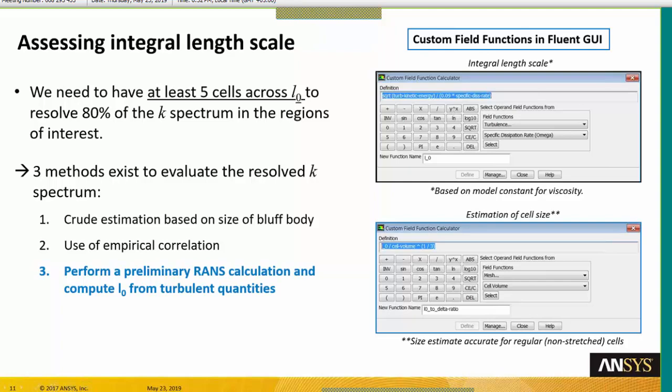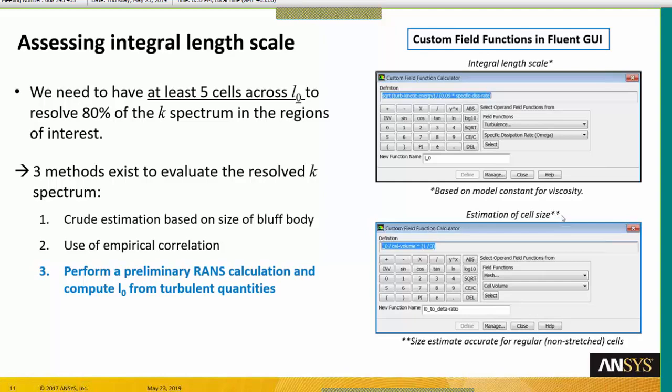This is exactly what is done here. You recognize the turbulent kinetic energy, K, and the specific dissipation rate, omega. It's typically a k-omega calculation, and based on these quantities you define an integral length scale, which is a local value because these quantities are local.